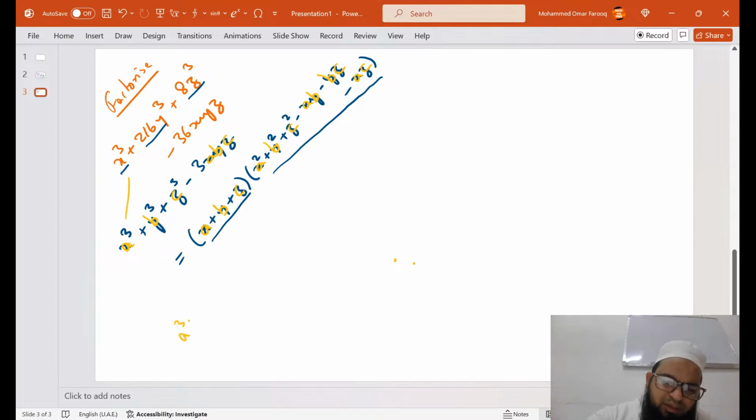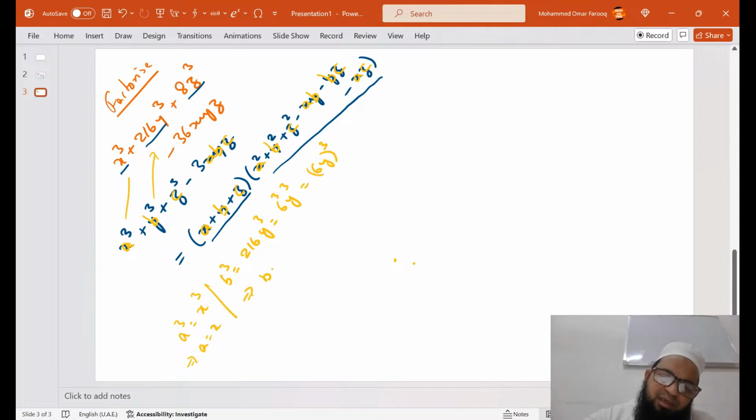So a cube is equal to x cube. So that implies a is equal to x. So we got a. Now b cube is equal to 216 y cube. Can I write it as 6 cube y cube? So I can write it as 6y whole cube. So that implies b is equal to 6y. And now c cube is equal to 8z cube.